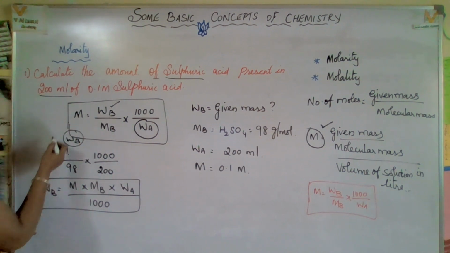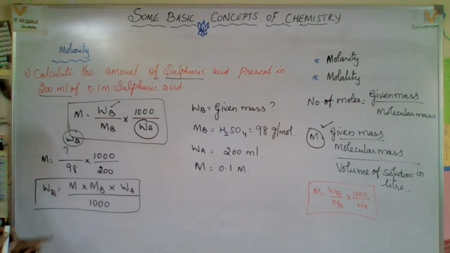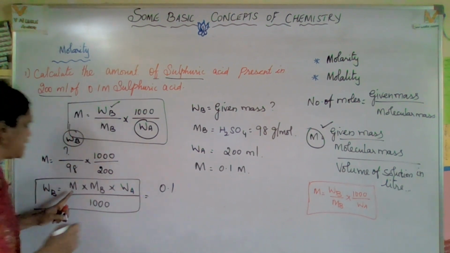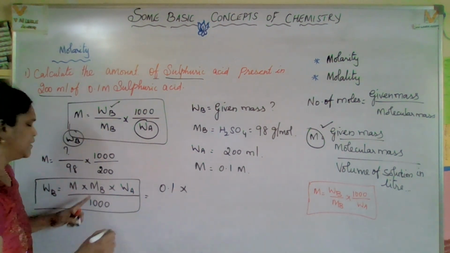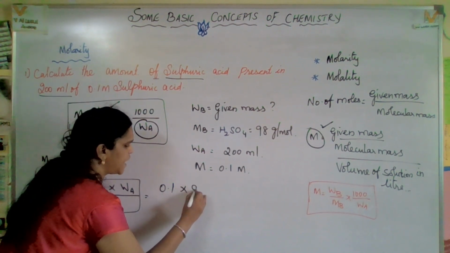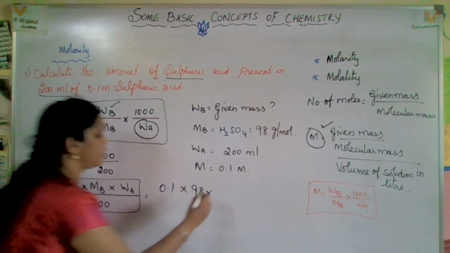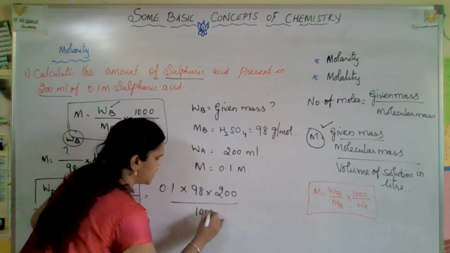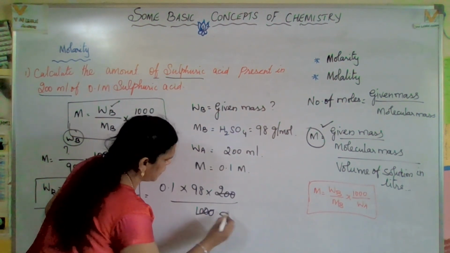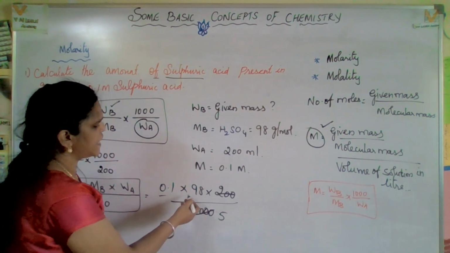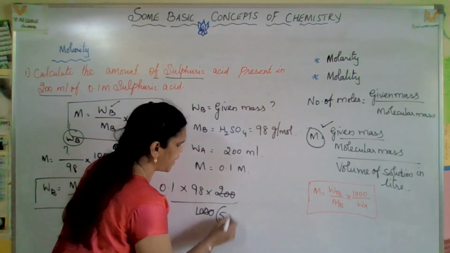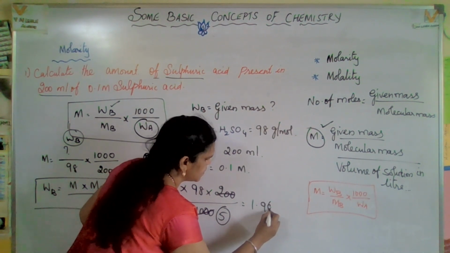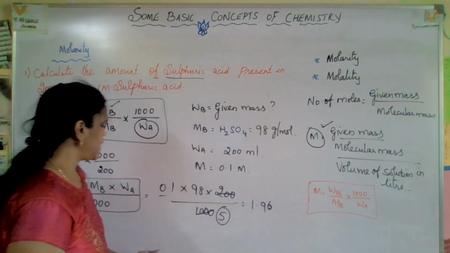So you just bring it out, then apply the values. Molarity is 0.1 into MB, 98, into volume, 200 divided by 1000. So you will get 5 here, and 0.1 into 98 divided by 5 gives 1.96.